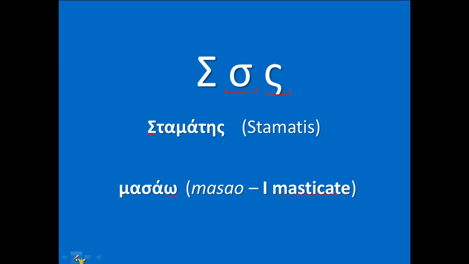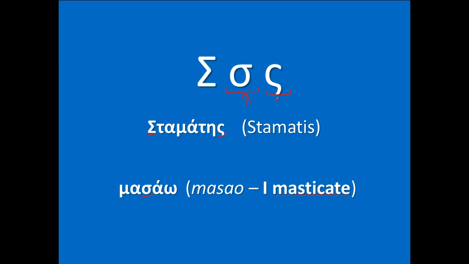And by the way, we see that this sigma is in the middle of the word masao. That is why we write like this. Whereas stamatis, this sigma is at the end of the word.